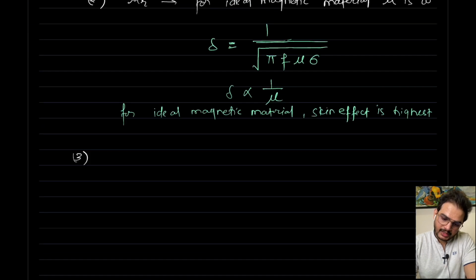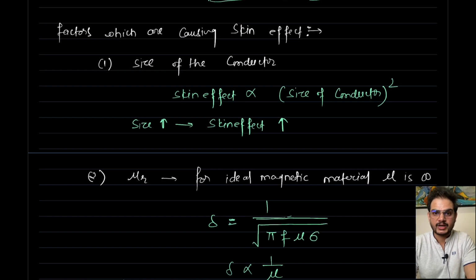The first factor was size of conductor: as size increases, skin effect increases. The second factor was permeability: for ideal magnetic material, skin effect is maximum, because skin depth is 0, as skin depth and permeability have inverse proportionality.